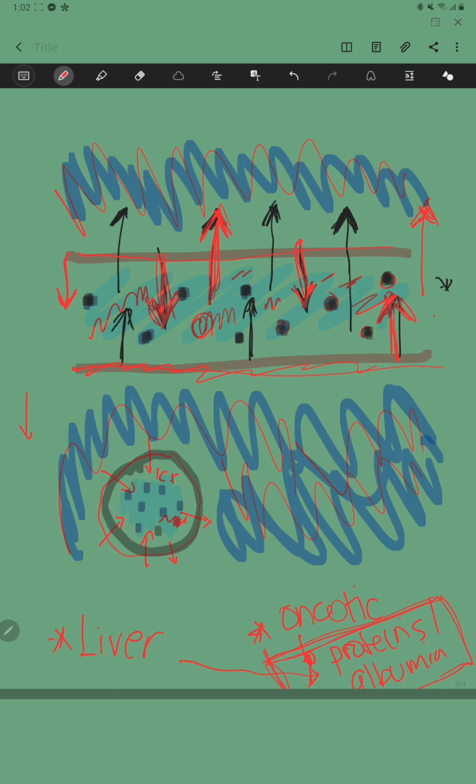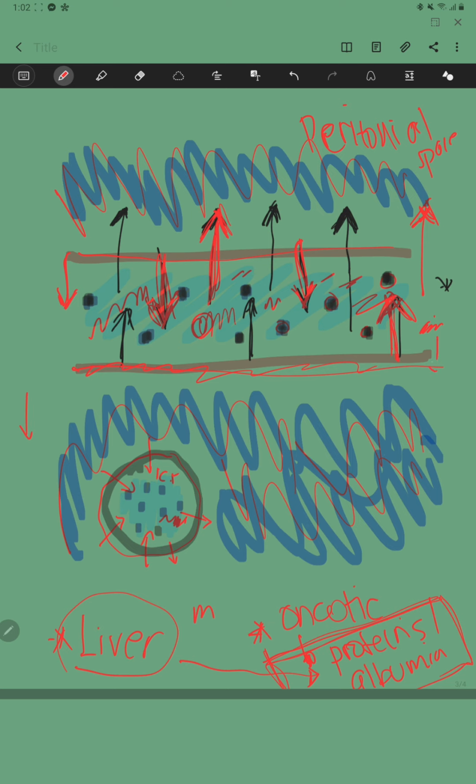Kaya, pumupunta sila sa peritoneal space. When they go to your peritoneal space, nagkakaroon ng ascites or edema. So, you'd usually note these types of problems with persons with liver problems or malnutrition or lack of protein in the diet. So, that is the importance of your oncotic pressure. They will prevent fluid from moving from within the intravascular to outside.